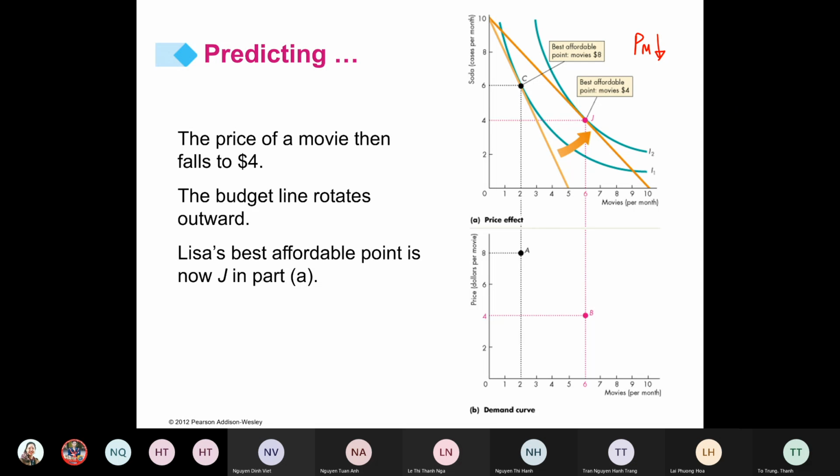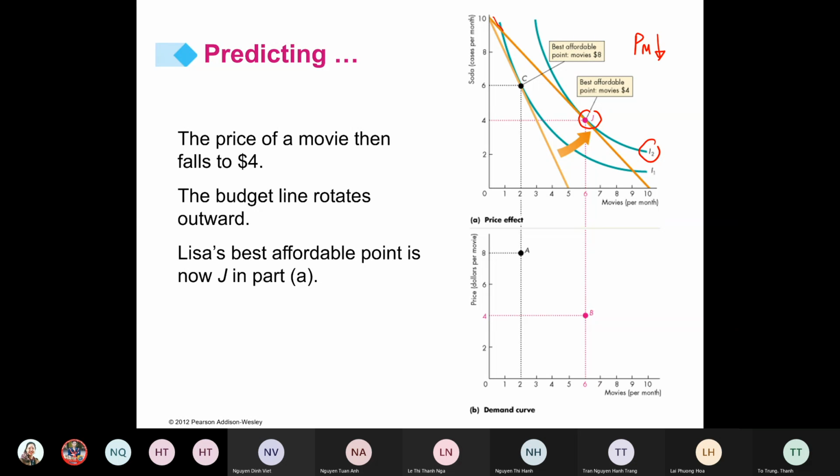So with the new budget line like this, it will be tangent to a new indifference curve, let's say indifference curve I2 at point J. So point J in this case is the new best consumption for Lisa, because at point J the new budget line is tangent to one indifference curve.